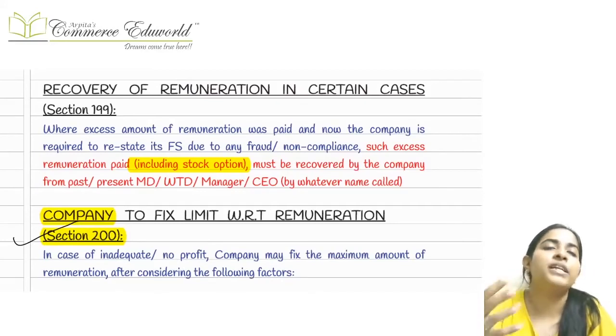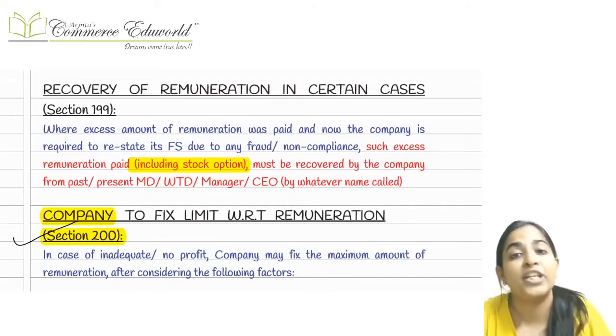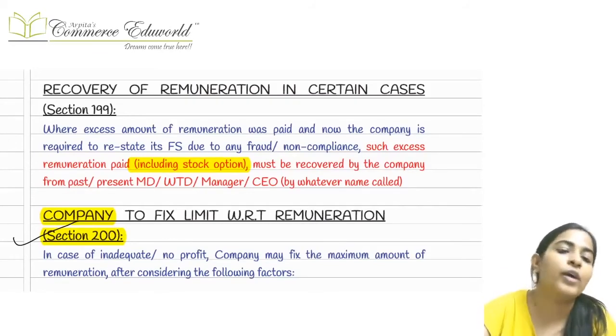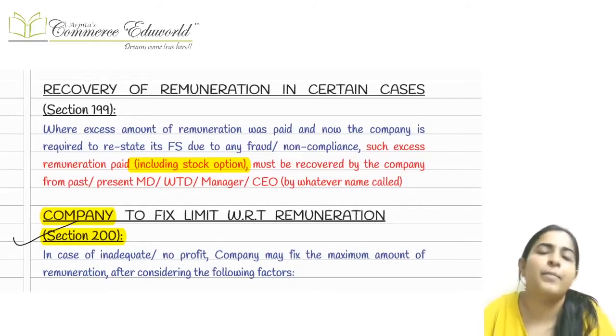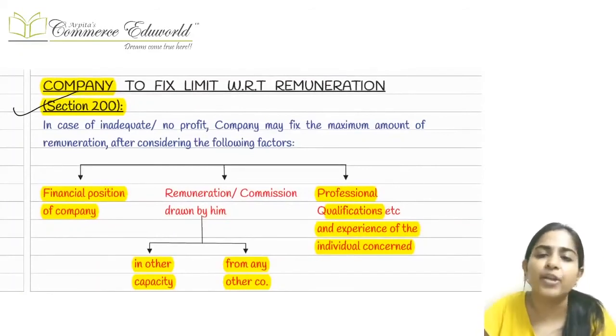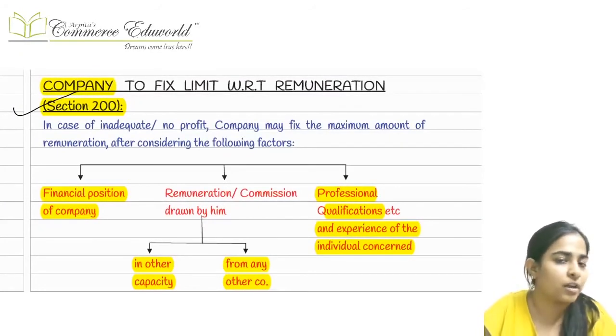If you are supposed to restate your financial statements, and any excessive remuneration was paid earlier, then we are going to recover such excessive remuneration. The time period is not specified here, but we recover it from that particular director or managerial person.